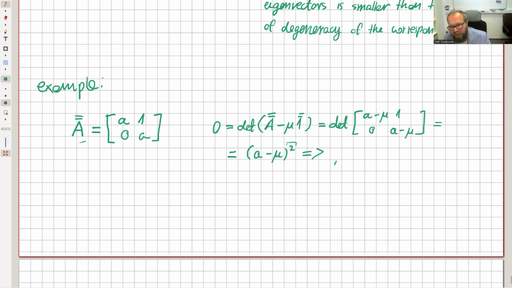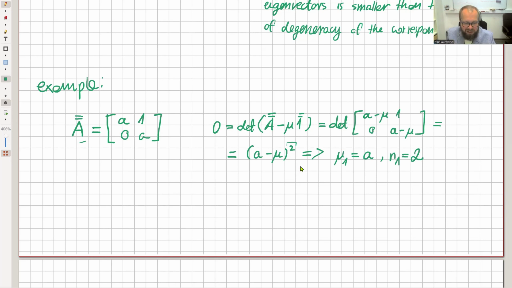We have an eigenvalue mu_1 equal to a with degree of degeneracy n_1 equal to 2. So we have two eigenvalues, as you have to in the case of a 2 by 2 matrix, but they are degenerate.